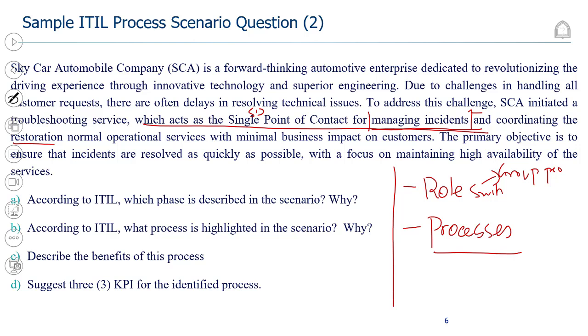According to the first there, for example, this is service operations. The process there is incident management.